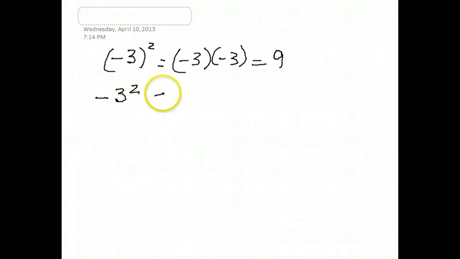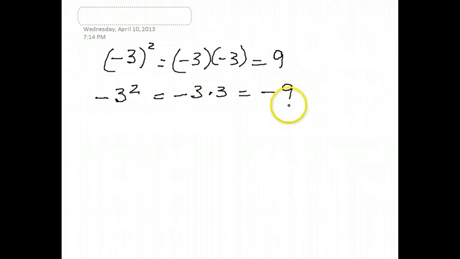Okay? So what this means is minus 3 times 3, which is equal to minus 9, or negative 9. Okay? So remember that. This is an important point. If you don't have the negative sign in a parenthesis, your answer is going to be negative.